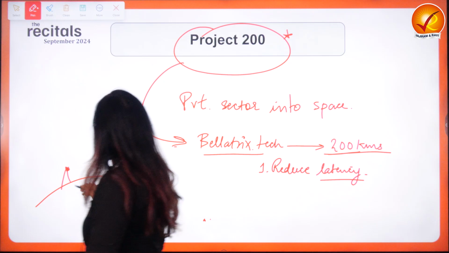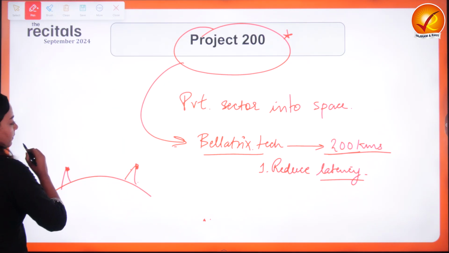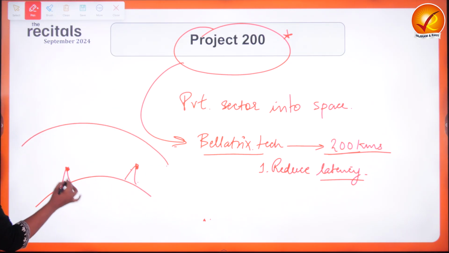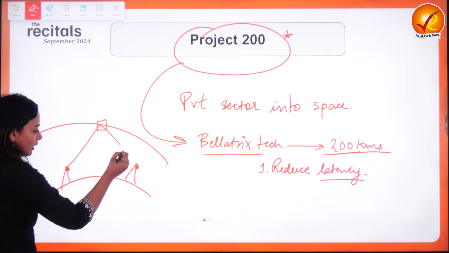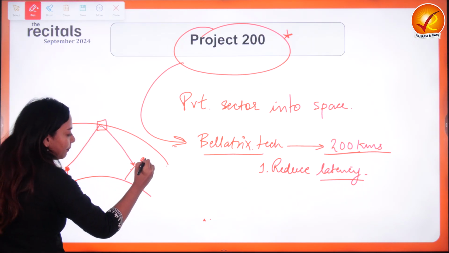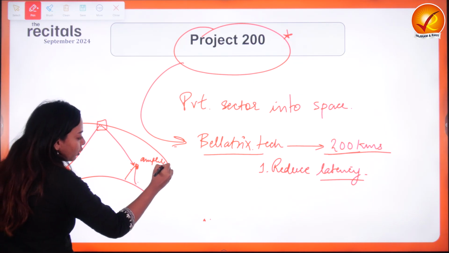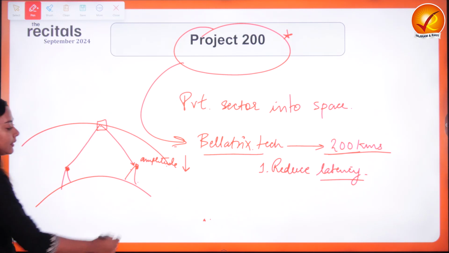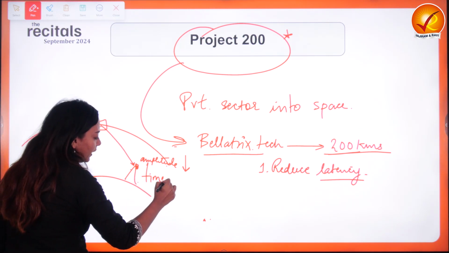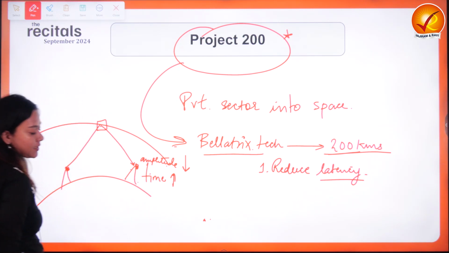Let's say I have passed a signal, it got reflected through the satellite, and the amplitude, that is the quality of the signal, will be attenuated. The time will also be delayed, increased.